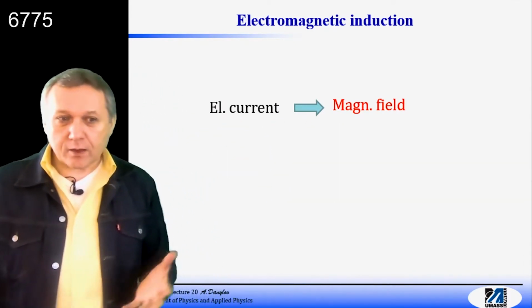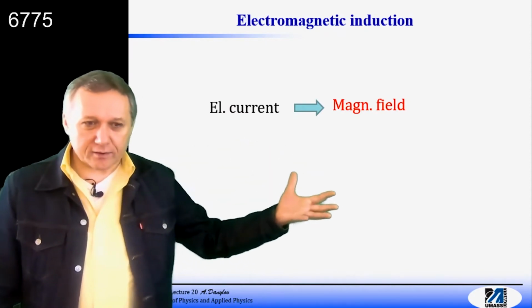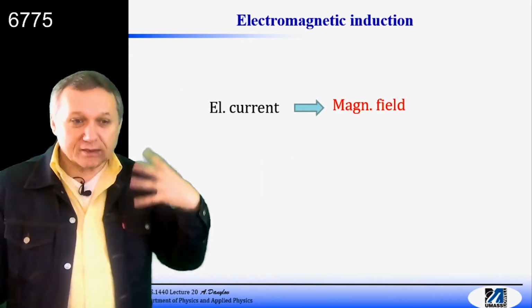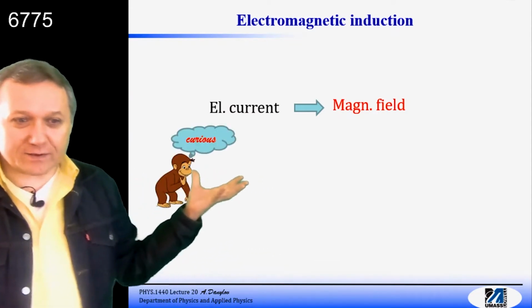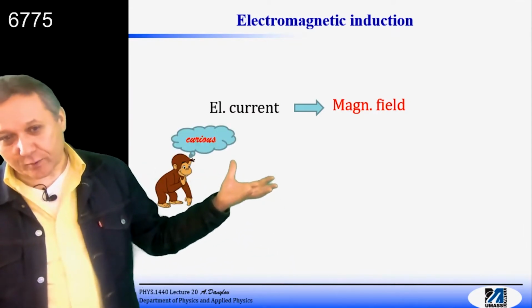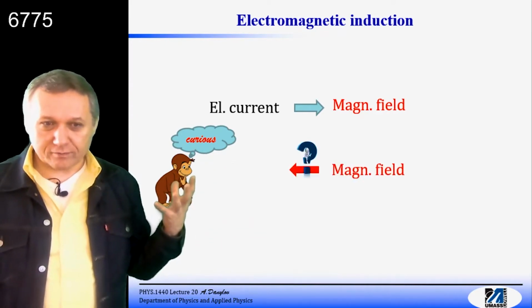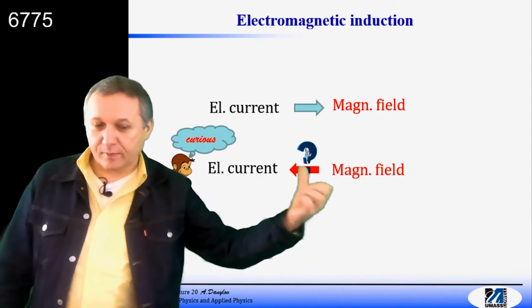And now let's ask a silly question. It's like a child asking all kinds of silly questions, but sometimes the questions are not very silly. Let's ask a kind of silly question: is it possible to have a reverse situation? For example, can we produce electric current out of the magnetic field?